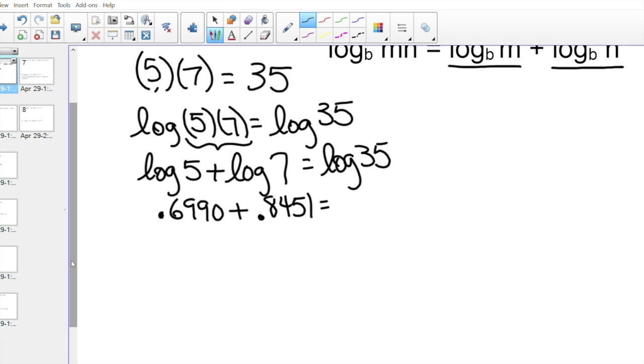And then you add those two up, and then you go to your calculator and actually take the log of 35, you will see that this sum is the same number as the log of 35 on your calculator.